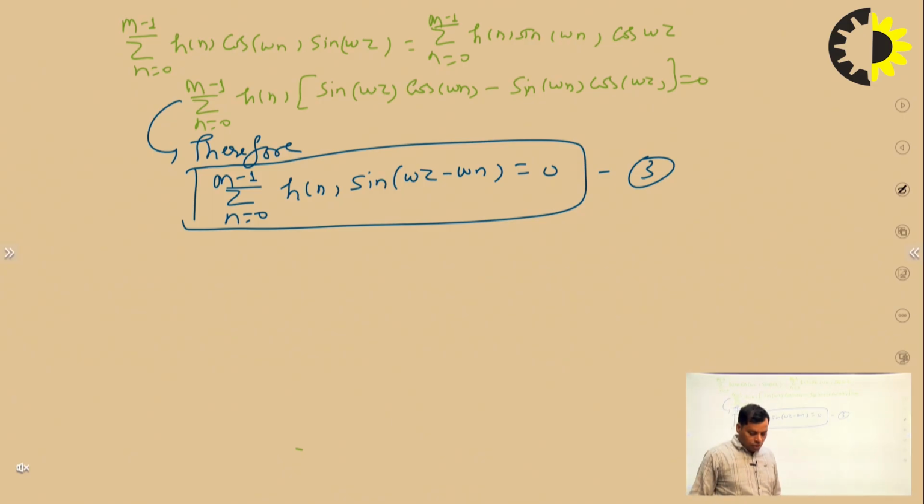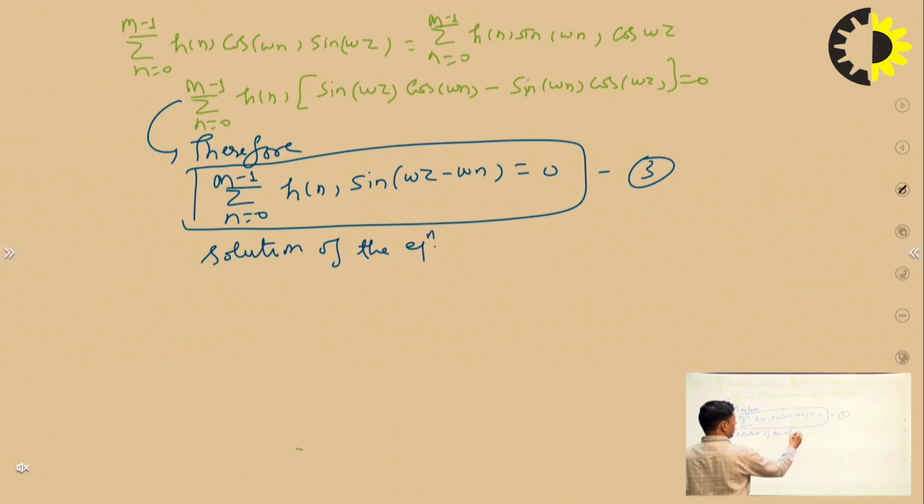So when we solve the equation number 3 and expand this sum, with sin(omega tau) times h0, then sin(omega tau minus omega) times h1, then h2, then h3, we can expand it till the m minus 1 minus n term.